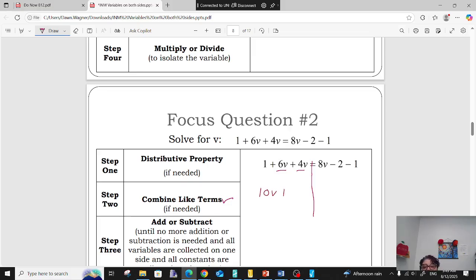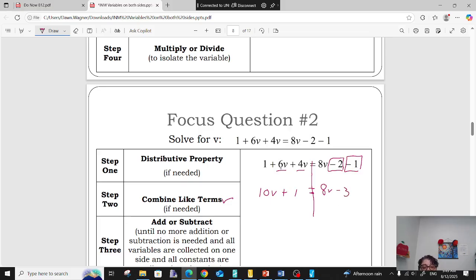And then I have plus 1, right? And over here, I need to do the exact same thing, other than I'm now looking at these numbers needing to be combined. So negative 2 minus 1, which is negative 3.